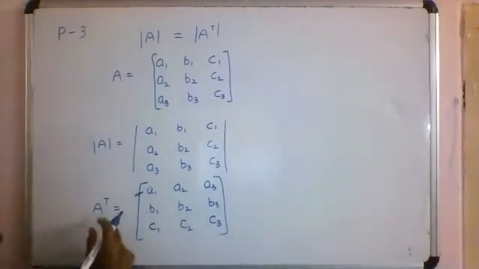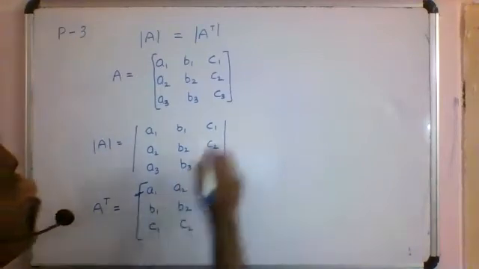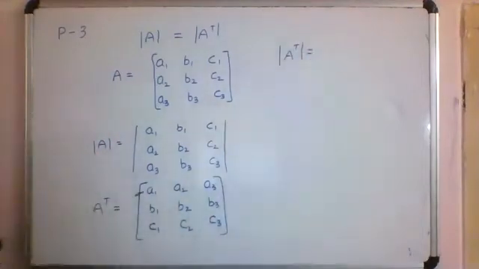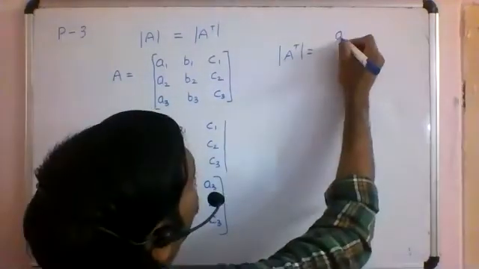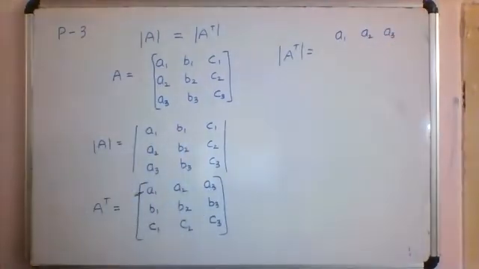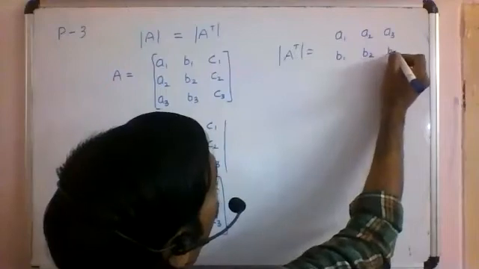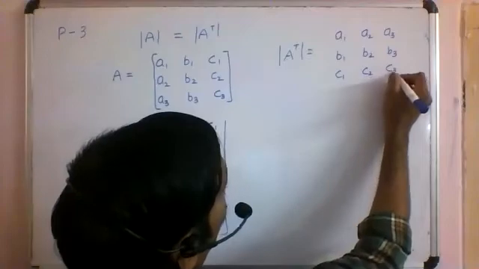Okay. Now let us find its determinant. Its determinant will be A1, A2, A3, next comes B1, B2, B3, and C1, C2, C3.